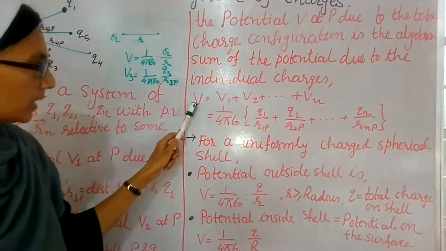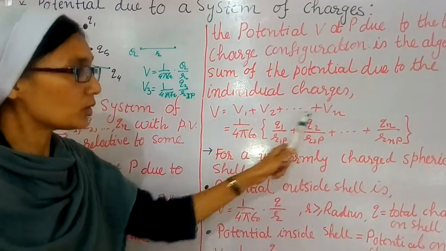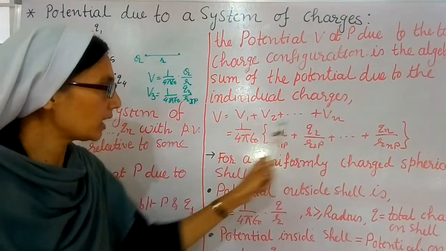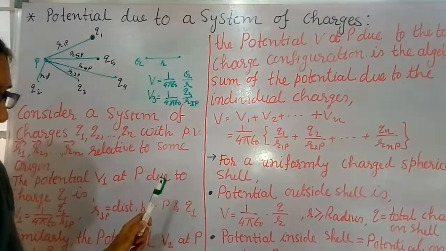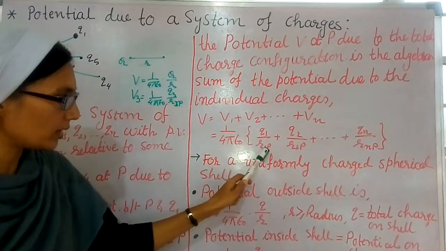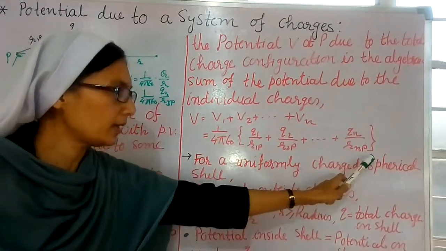Mathematically, V is equal to V1 plus V2 plus up to Vn. When writing V1, V2 up to Vn, 1 by 4 pi epsilon naught is common in all, so what remains is Q1 by R1P plus Q2 by R2P plus up to Qn by RnP.